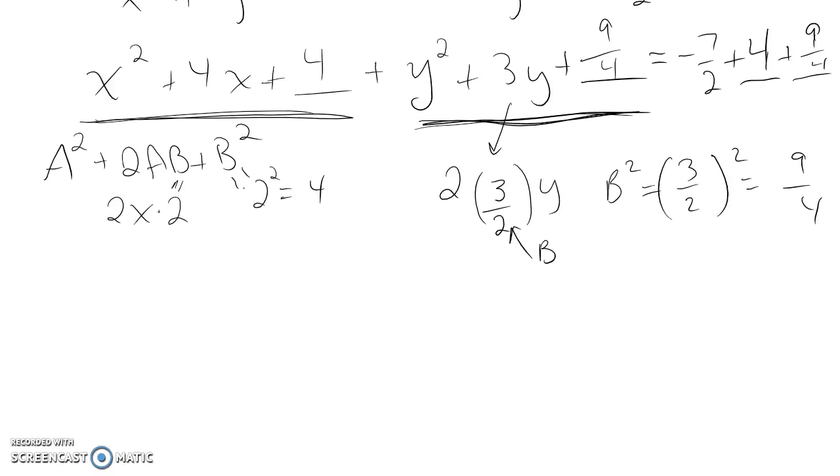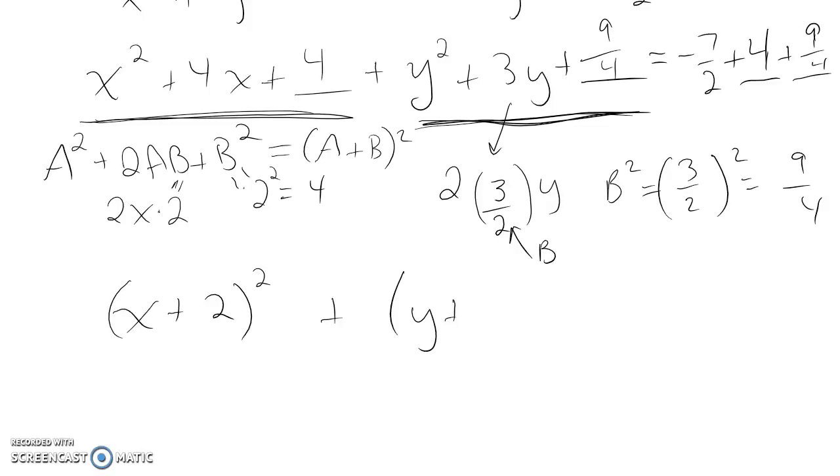Okay, so you may remember that a squared plus 2ab plus b squared actually factors to a plus b squared. So now I'm going to factor each perfect trinomial and I'm going to add together the terms on the right-hand side.